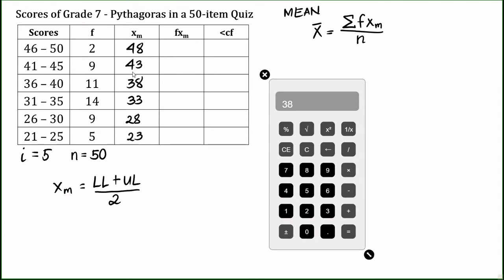Okay? Ayan. So, ang susunod naman natin gagawin is to complete the fourth column, wherein we are going to multiply f by x sub m, or the class mark. So, bawat isa, i-multiply po natin. Okay? Let's start with 2 times 48. And that is 96. And then 9 times 43, we have 387.